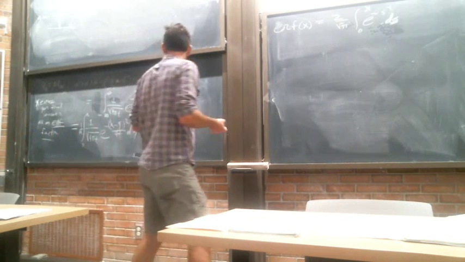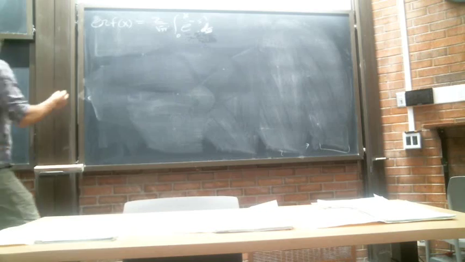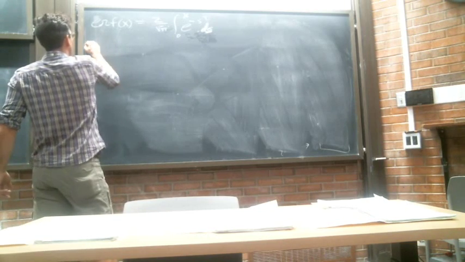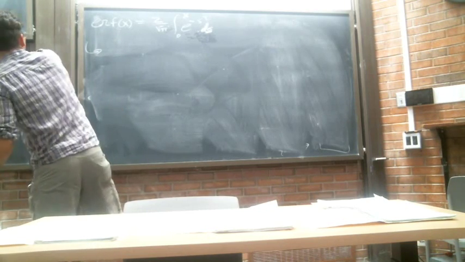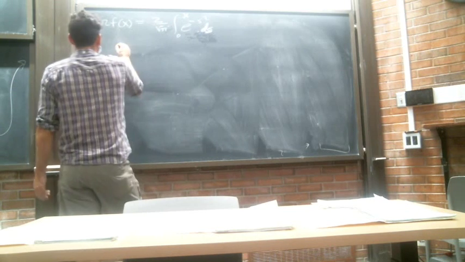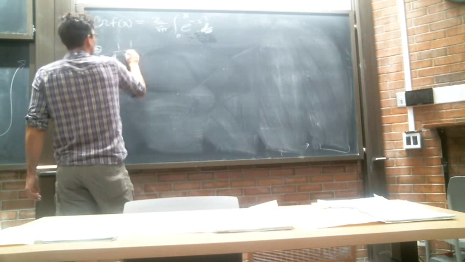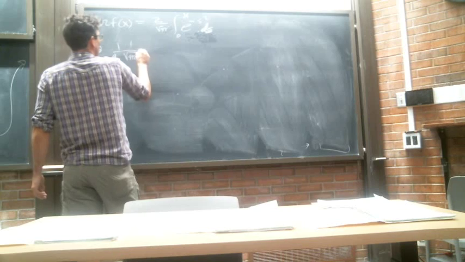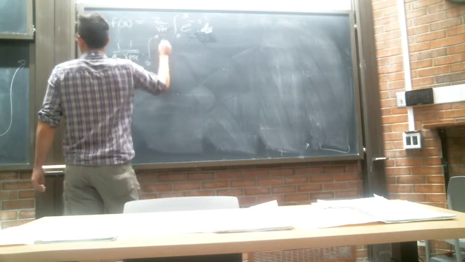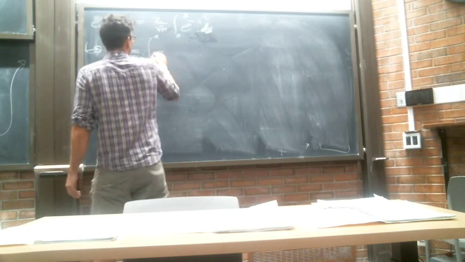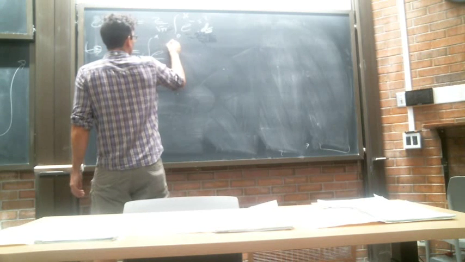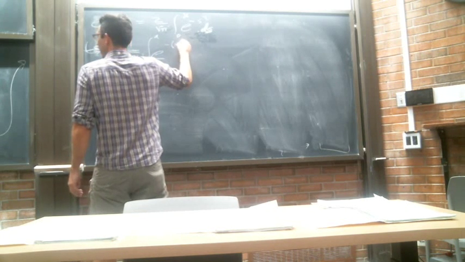So what we see there is that we have, first of all, the square root of 4 pi t, that's a constant with respect to the integration variable, right? Then we have all of this stuff, and I'm going to write it a little bit differently.